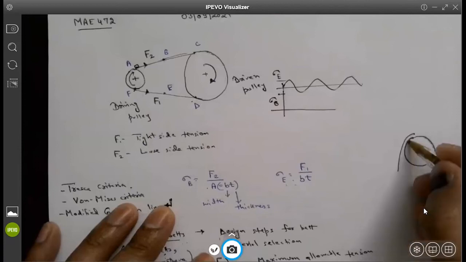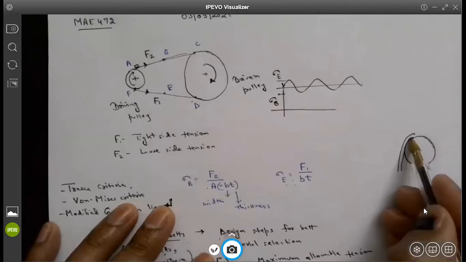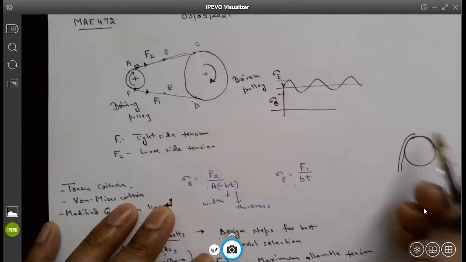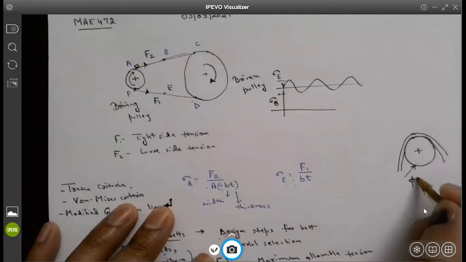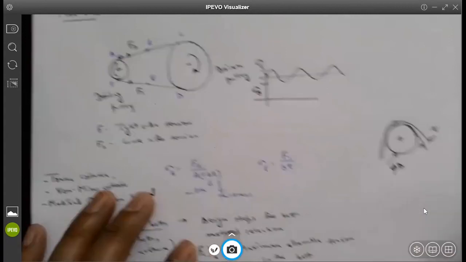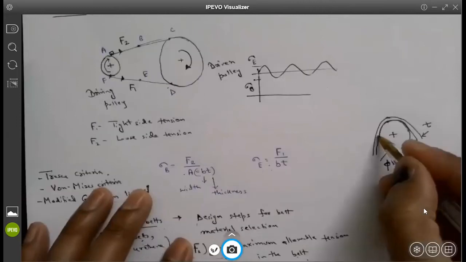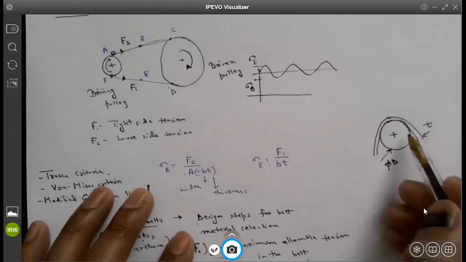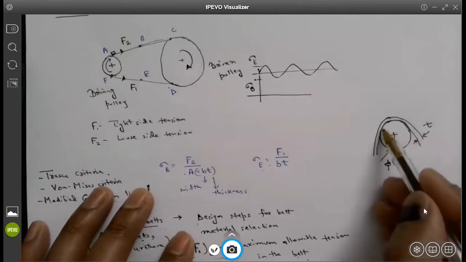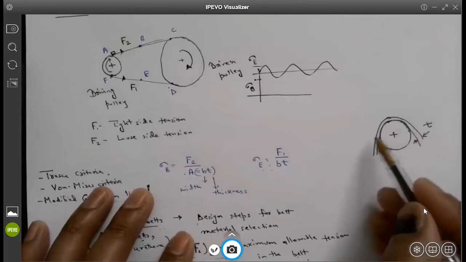So if you imagine that you have a metallic sheet or a V-belt drive being wrapped around a pulley, let's say this pulley has a diameter D and the belt material has a certain thickness T, then assuming the belt material is made of a metal, which is aluminum or maybe some other metal, it is getting wrapped around the pulley, and because of this wrapping, it is bent.